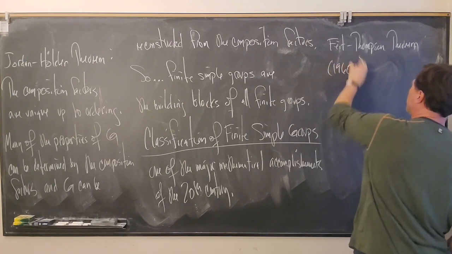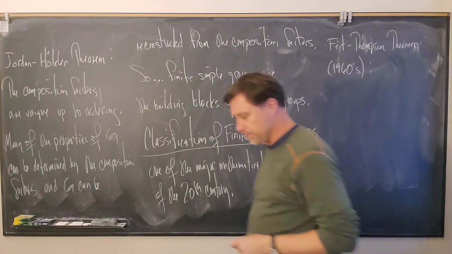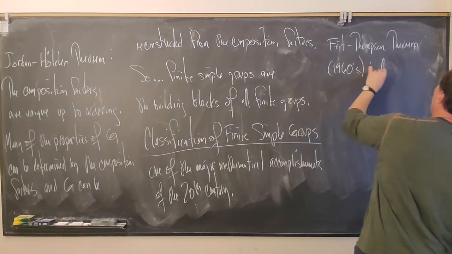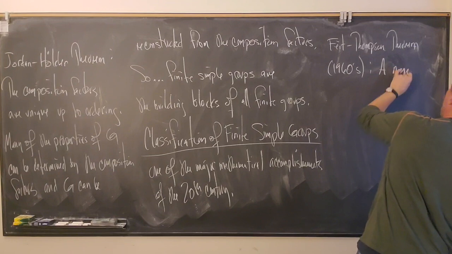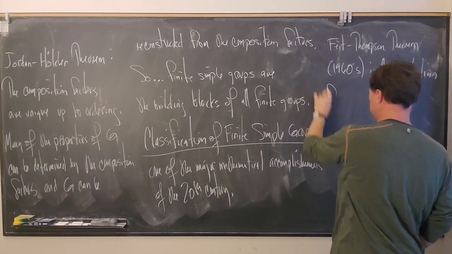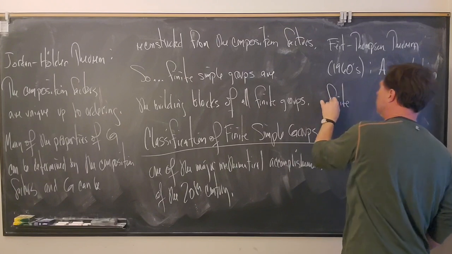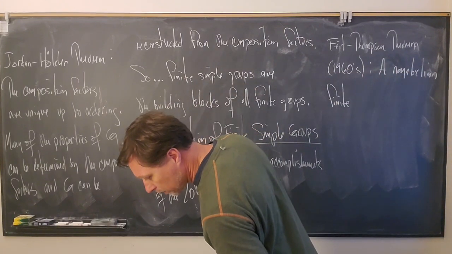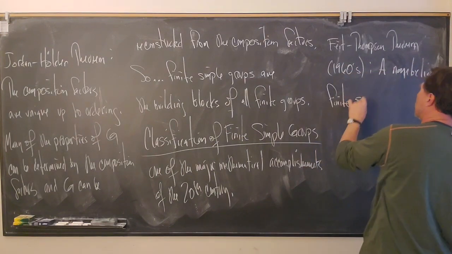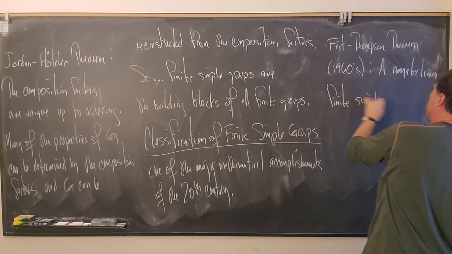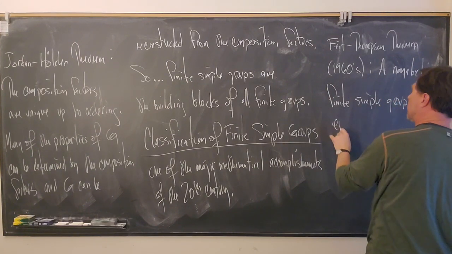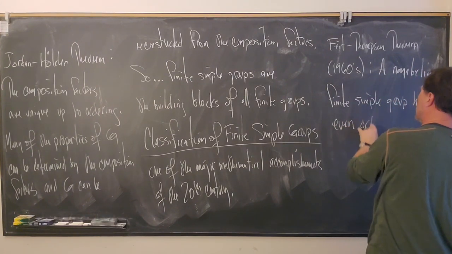So Feit-Thompson showed this: a non-abelian finite simple group has even order.